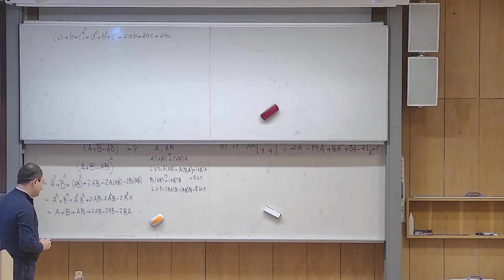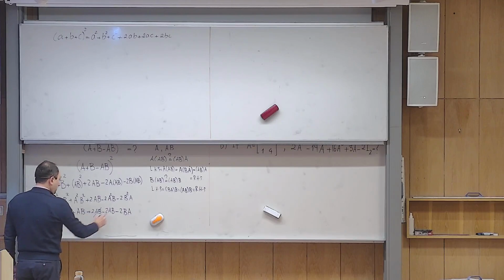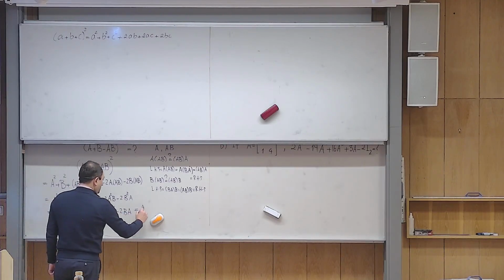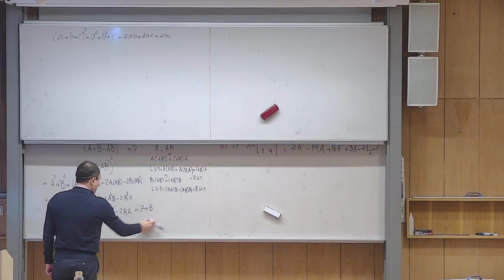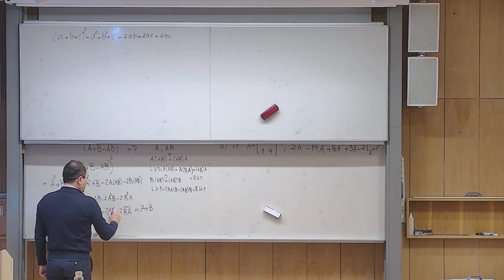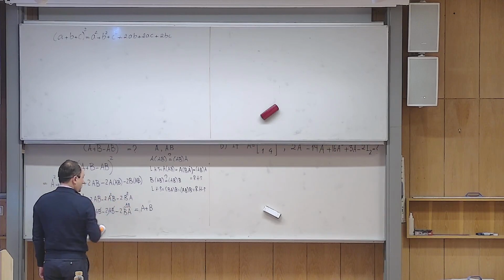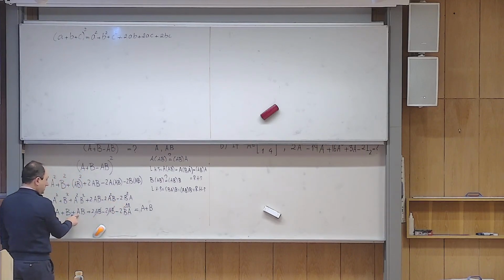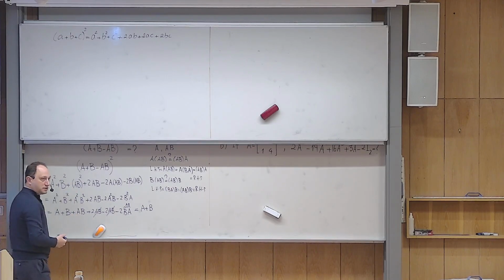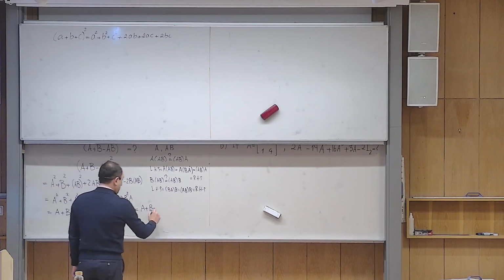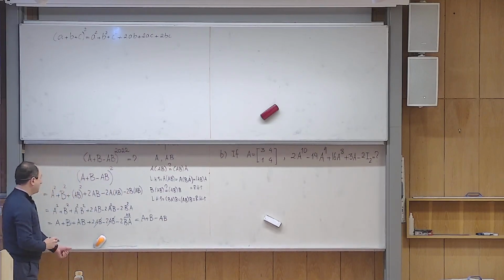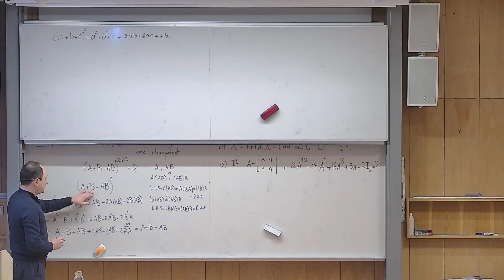And then what happens? These 2AB and negative 2AB cancel, and then it becomes A plus B. But AB and BA are the same, so I can write AB minus 2AB, positive AB becomes negative AB. So what happened actually? I calculated the second power of that matrix.